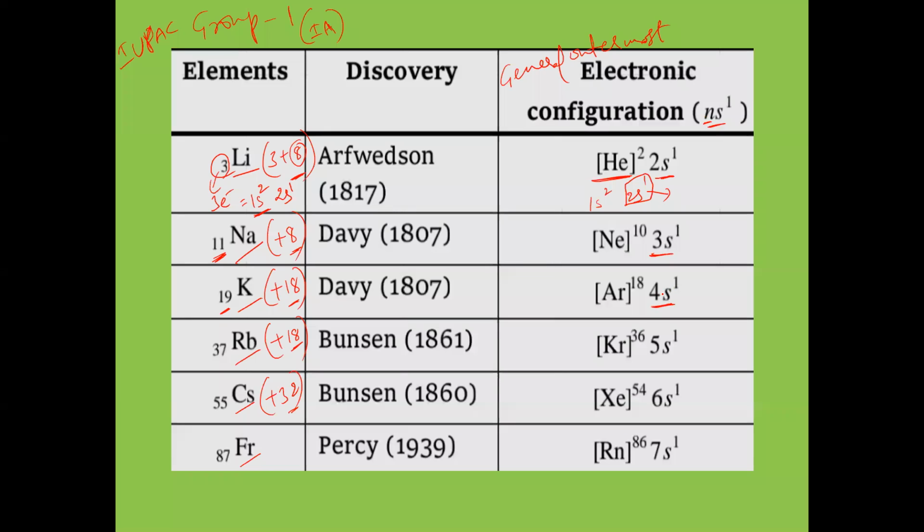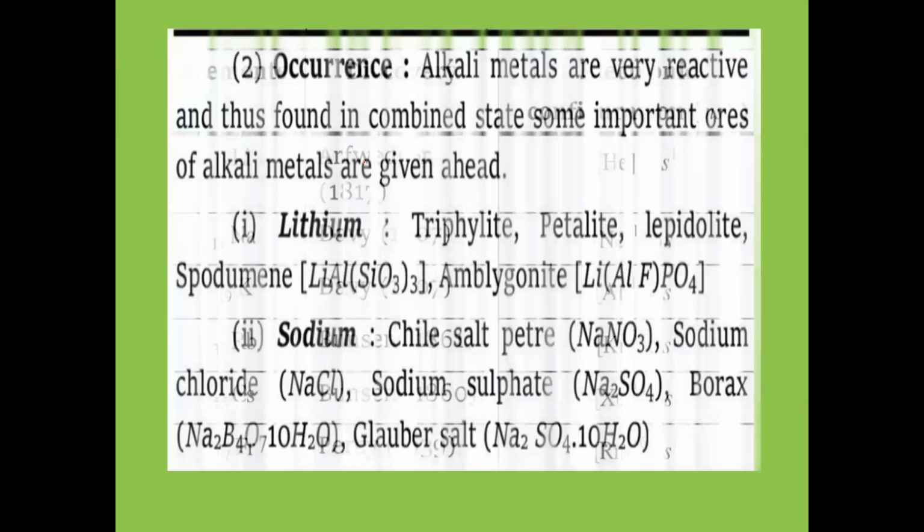So like this, we get electronic configurations of these group 1 elements. In all these cases, the outermost electronic configuration is ns1. Is that clear?